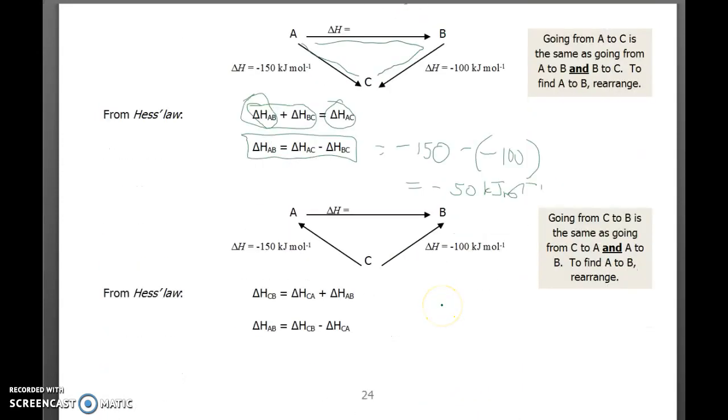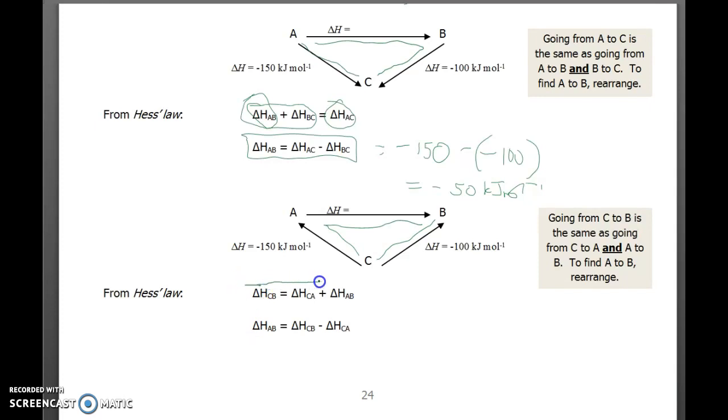Another example may well be that you don't know the enthalpy change value from A to C, but you know the enthalpy change from C to A, and you know the enthalpy change value from C to B. So now this time, what we can say is that the enthalpy change C to B is the same as the enthalpy change C to A and A to B. We express that in this equation here.